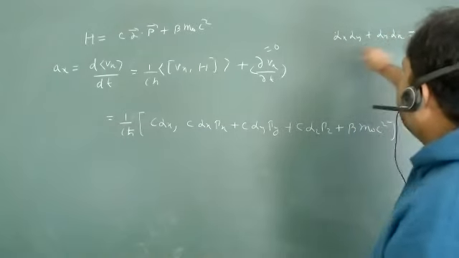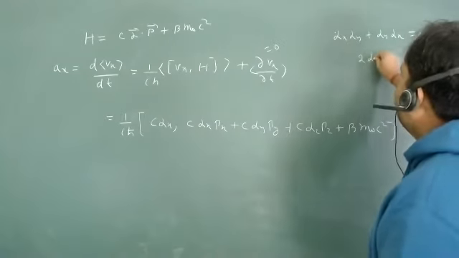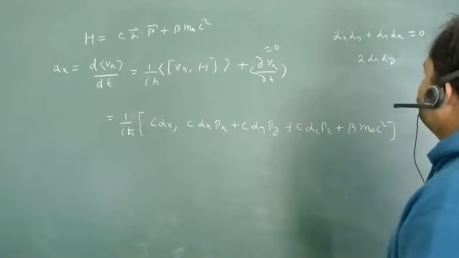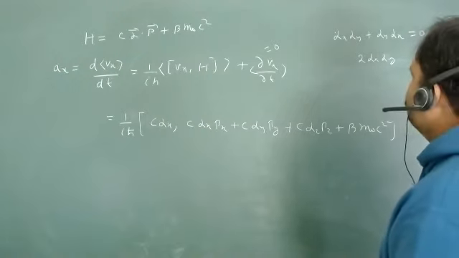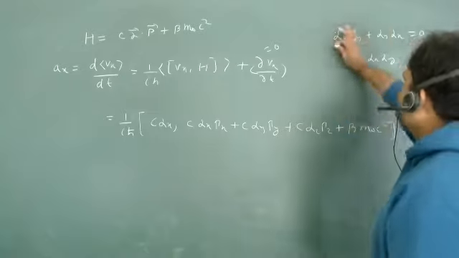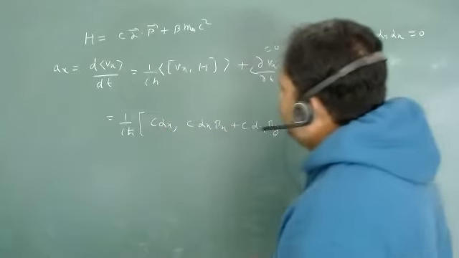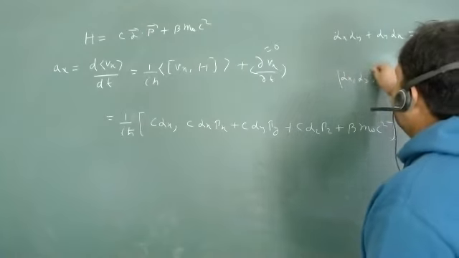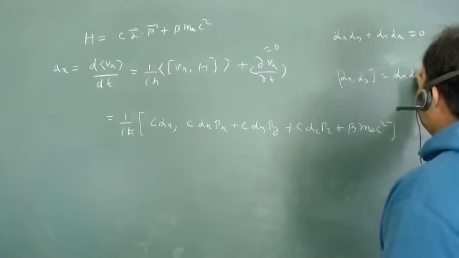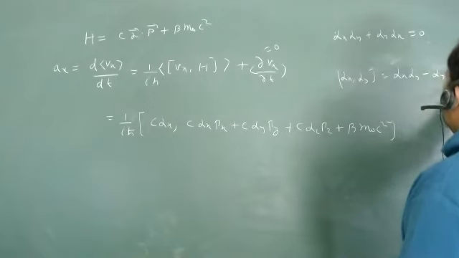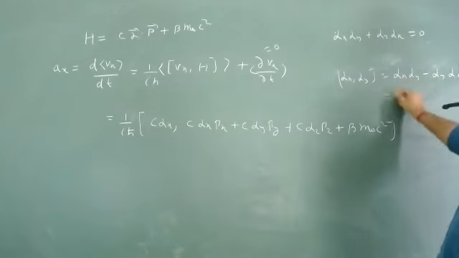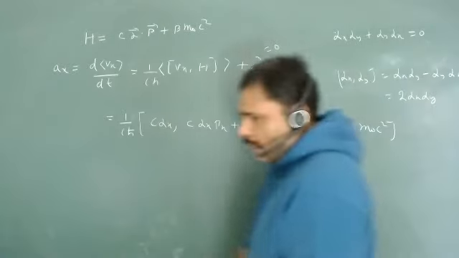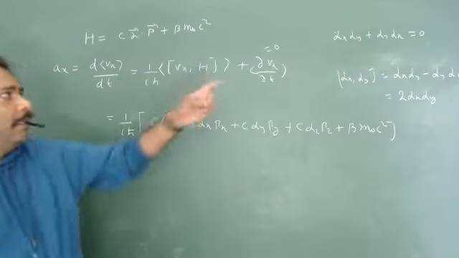So I can write this commutator as 2 times alpha x alpha y. If I go for alpha x alpha y minus alpha y alpha x, from here this is nothing but 2 times alpha x alpha y. Yes, you can write it because it is anti-commuting.